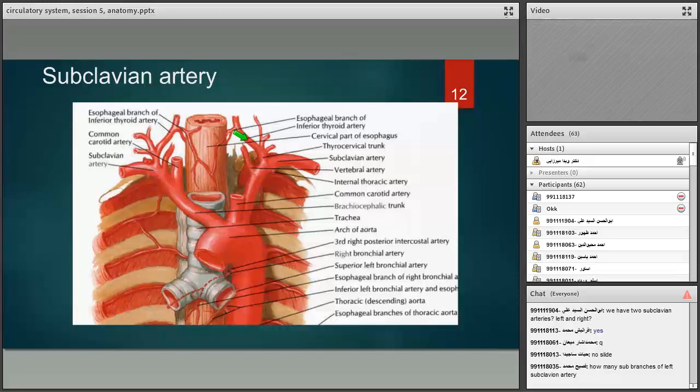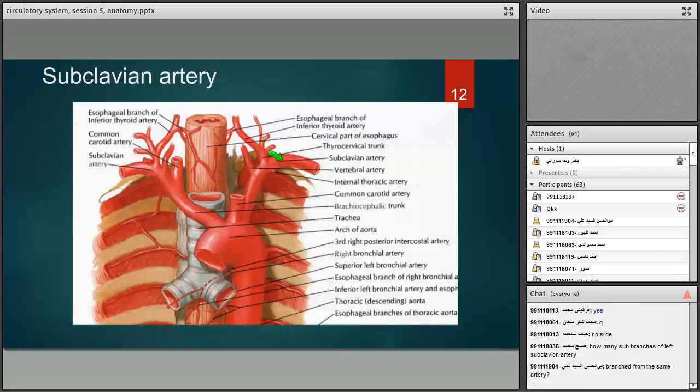All these branches are in both right and left sides. Listen please, not just in the left subclavian artery. Right and left subclavian arteries are the same.